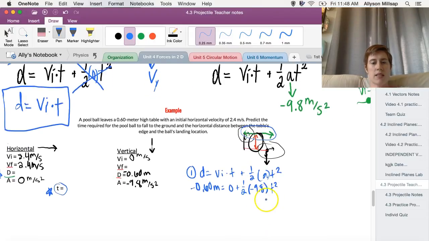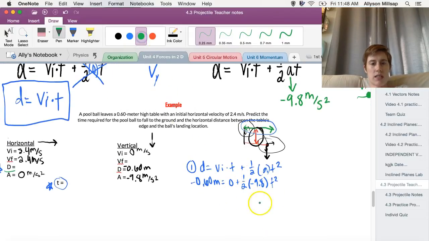So I want to get t by itself. In order to do that, I need to move this to the other side. The 0 we can just take out. So let's divide both sides by half of negative 9.8. So now we just get t squared.